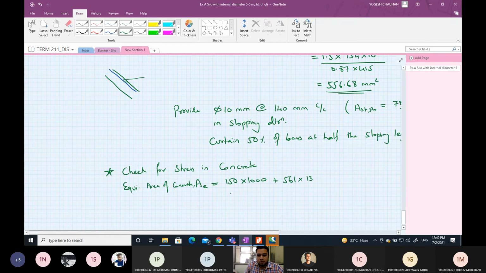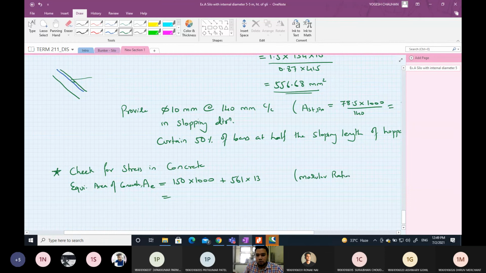Here modular ratio m is equal to 13. So equivalent area is equal to thickness into 1000 plus AST into modular ratio. That will give you 157293 mm square.